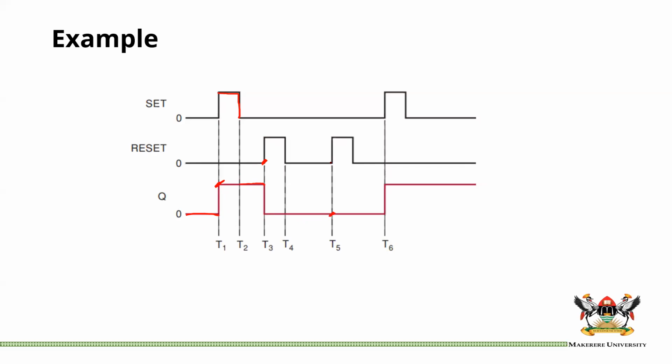Even at this point where we clear again, if you are already in the cleared state and you clear again, you remain cleared. So we will remain at this point until we set again. That's why I was saying that Q equals 1 remains set, meaning Q equals 1 until it is cleared, or reset.